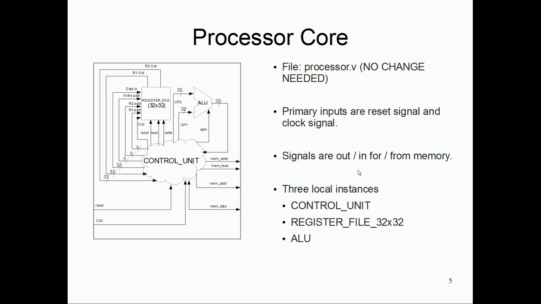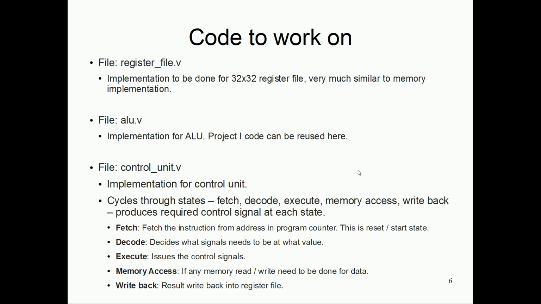So once we're done with the processor core, we have these files to work on: the register file, the ALU file (I hope you are done with the ALU by now), and the control unit. We'll discuss more in a later class, but basically the control unit implementation cycles through states like fetch, decode, execute, memory access, and write back.